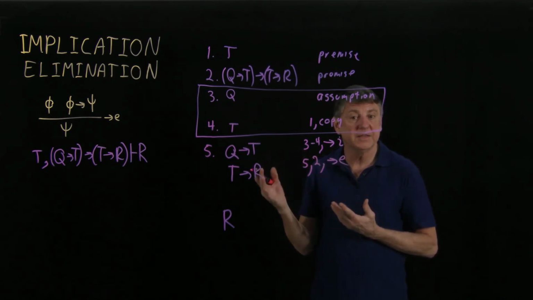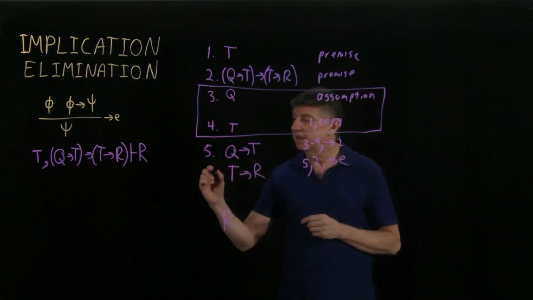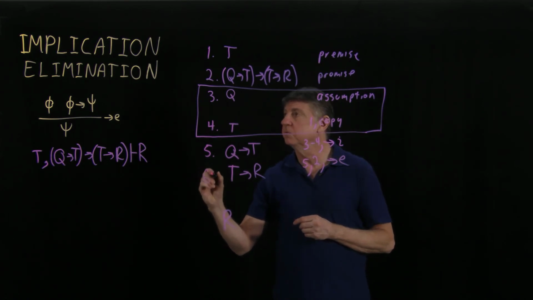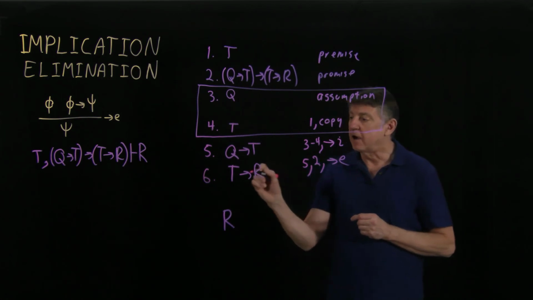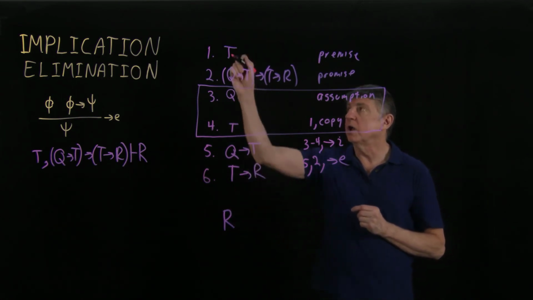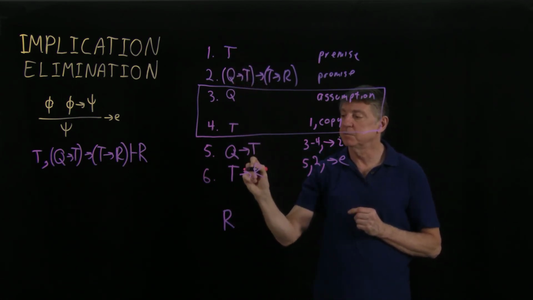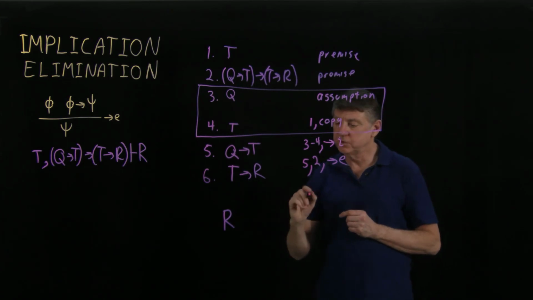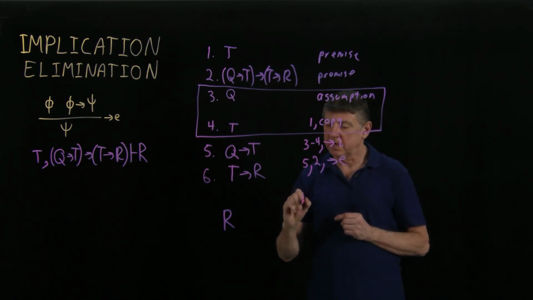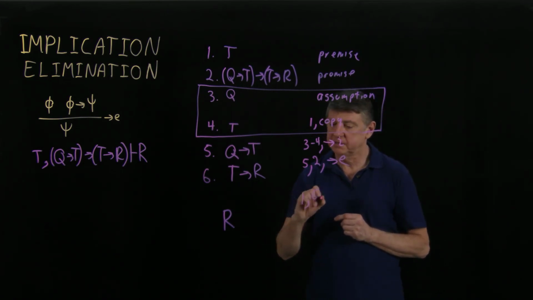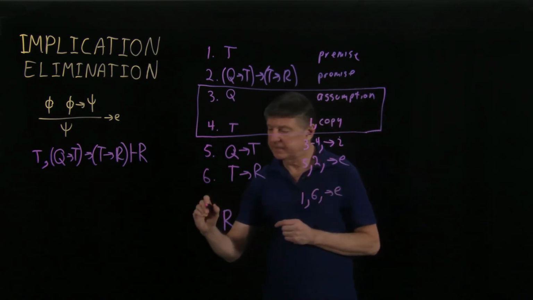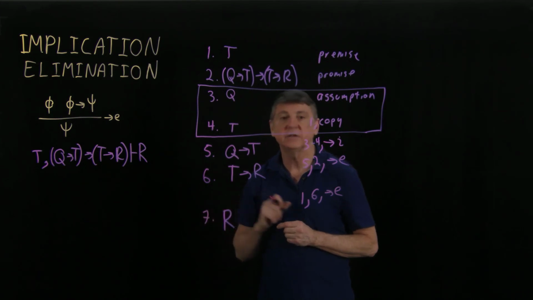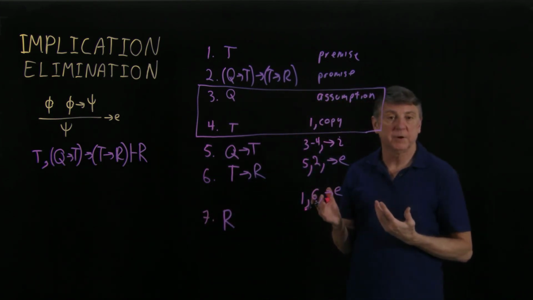So this is now looking like a strong proof, so that would be line 6. And then how can I deduce R? Well, I have T implies R, so I can deduce R by using line 1, line 6, and implication elimination. And I can assign that as line 7, and now I've completed my proof.